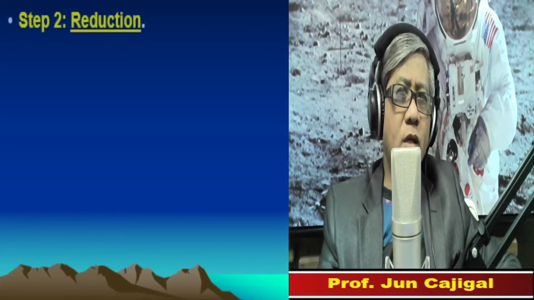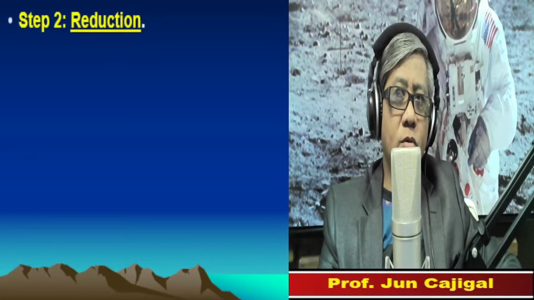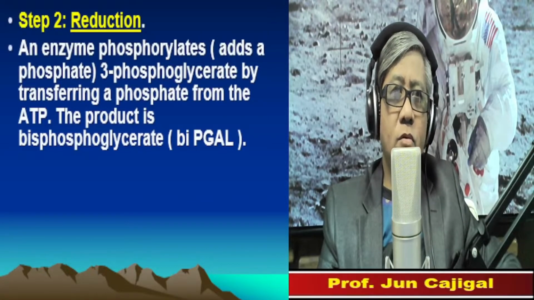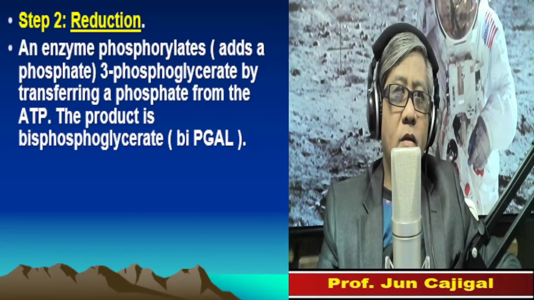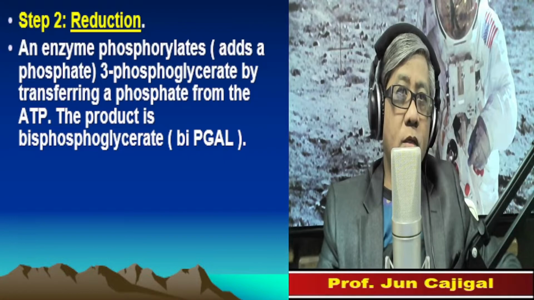Alright, so exactly what happens in step number 2. Now in step number 2, there is an enzyme that will phosphorylate or add a phosphate group to PGA by transferring a phosphate from the ATP molecule. The product is bi-PGAL.